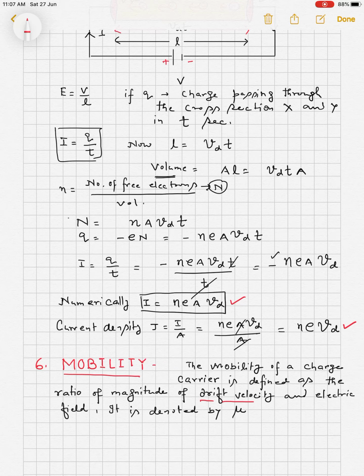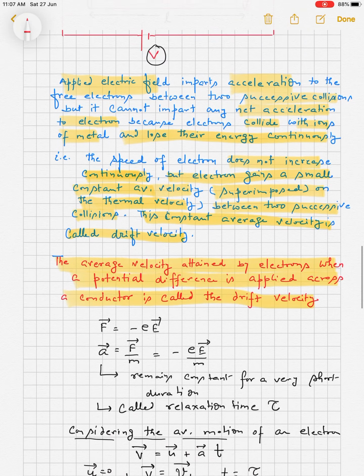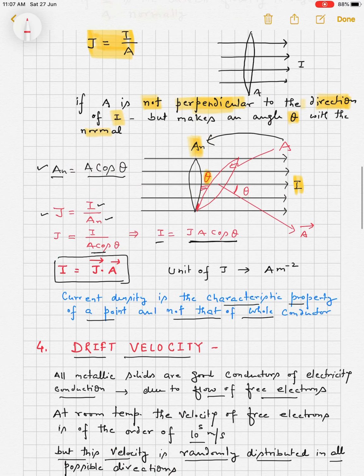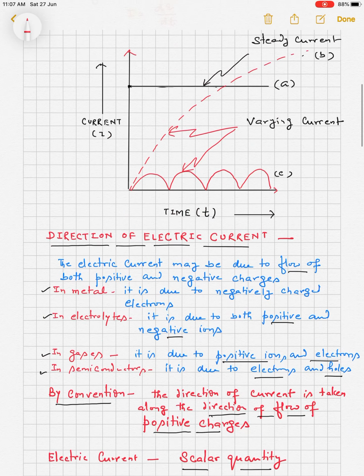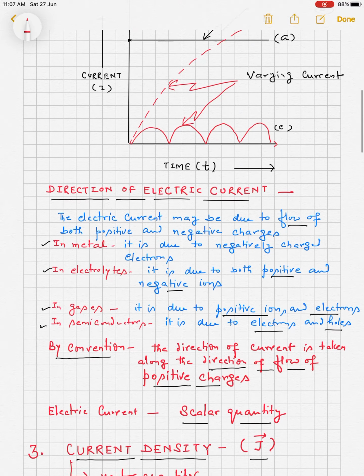In metals, the charge carriers are negatively charged electrons. In electrolytes, the charge carriers may be positive and negative ions. In gases, the charge carriers are positive ions and electrons. In semiconductors, the charge carriers are electrons and holes.